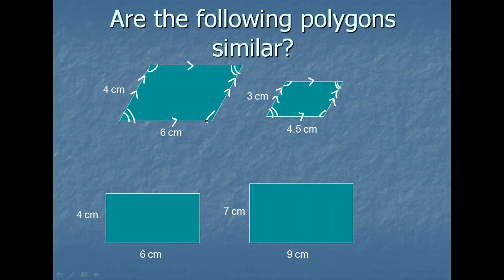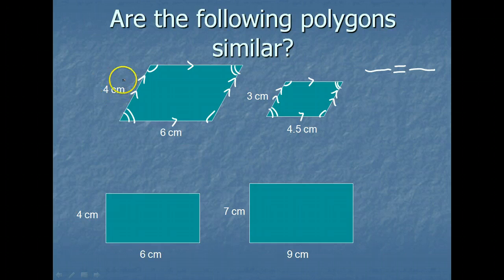So we've met the first criteria. So let's check to see if the sides are proportional. To check to see if the sides are proportional, I'm going to set up a proportion. I'm going to have a ratio equaling a ratio. Now I can set up this ratio a couple different ways as long as it's consistent.